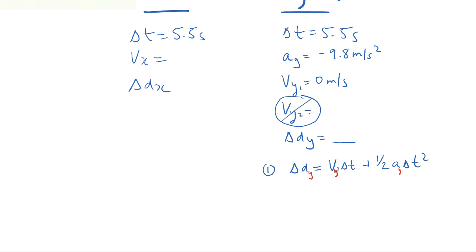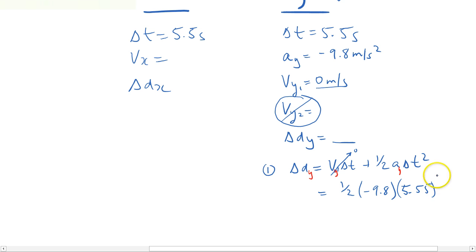Okay, well, if my Vy1 is 0, that means that this term is 0, and I'm going to get plus 1 half times negative 9.8 multiplied by 5.55 all squared.